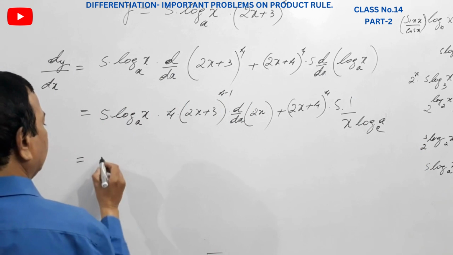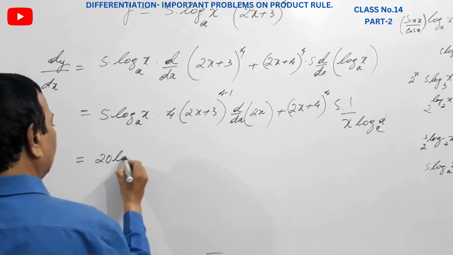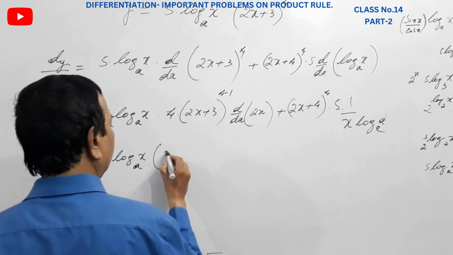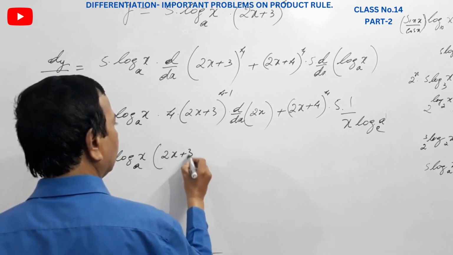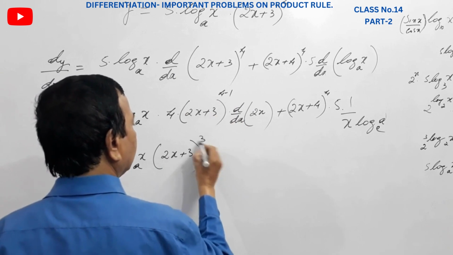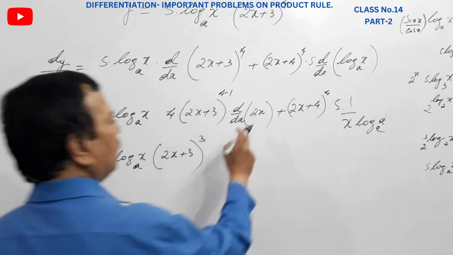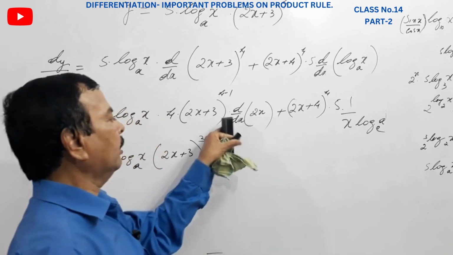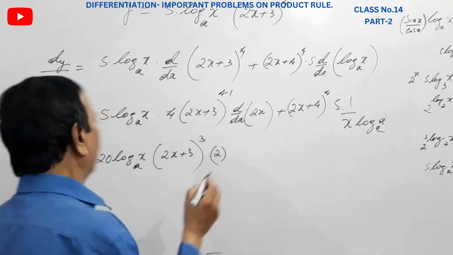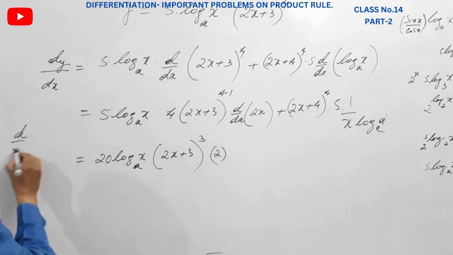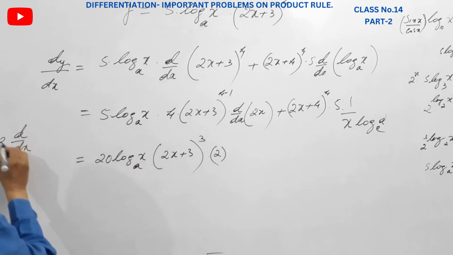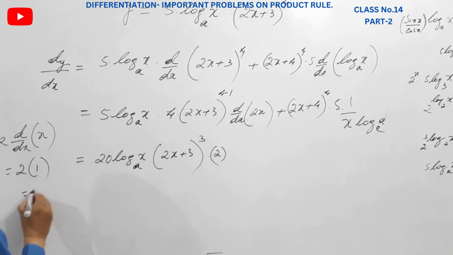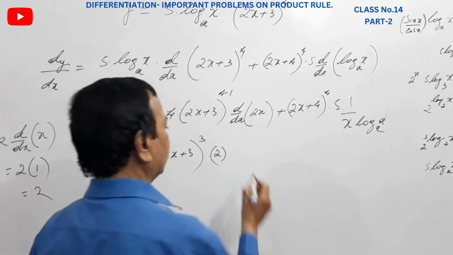So this becomes 4 into 5, that is 20 log x to base a into 2x plus 3 to the power of 3. 4 minus 1 is 3. d by dx of 2x is 2, because 2 I'll take it outside, d by dx of x is 1, that becomes 2 into 1, that becomes 2.